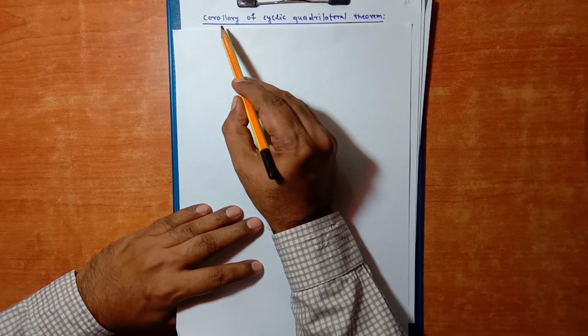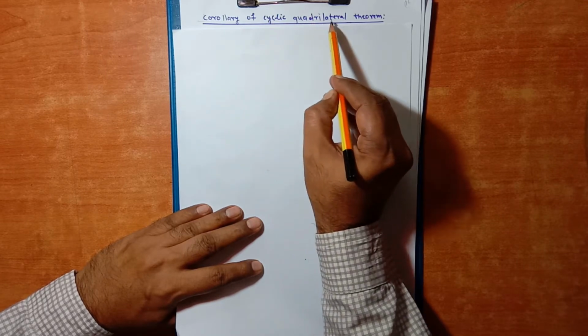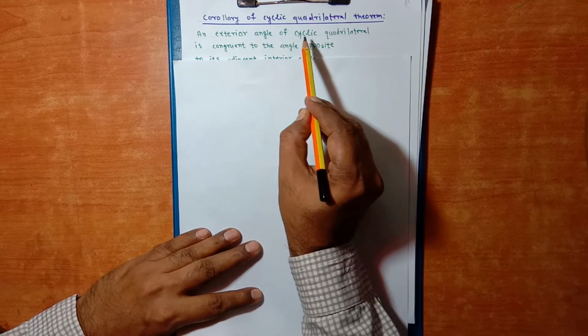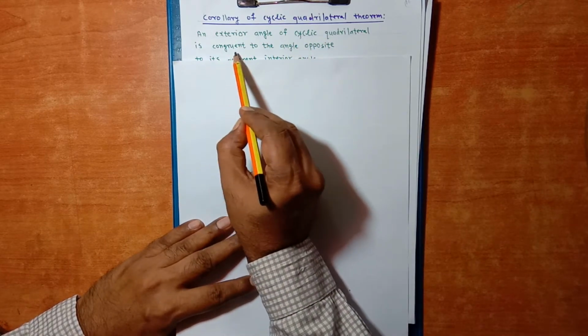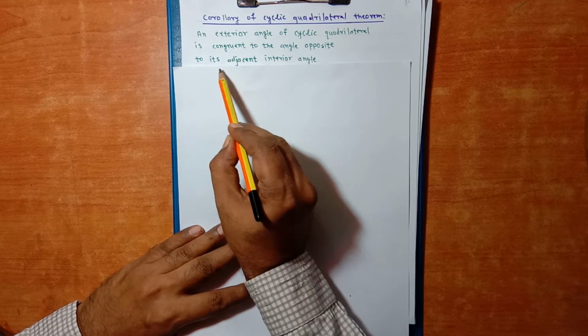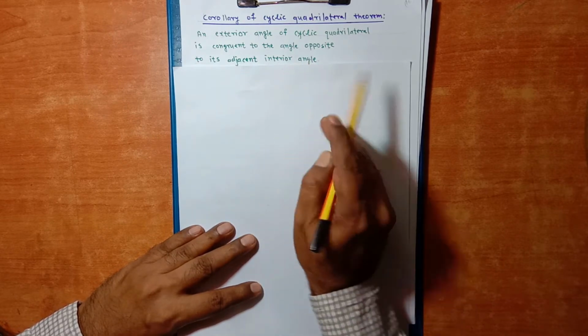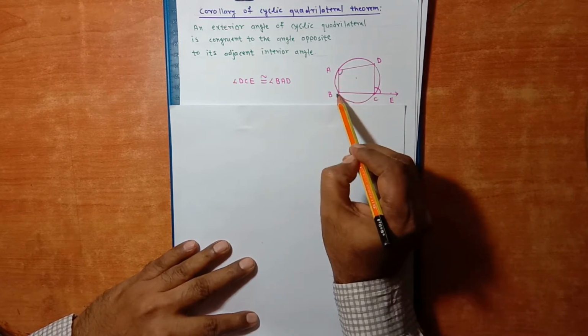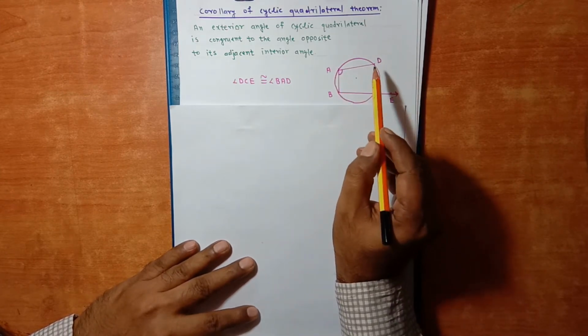Now we will see the corollary of the cyclic quadrilateral theorem. An exterior angle of a cyclic quadrilateral is congruent to the angle opposite to its adjacent interior angle. Now in the figure, quadrilateral ABCD is a cyclic quadrilateral.